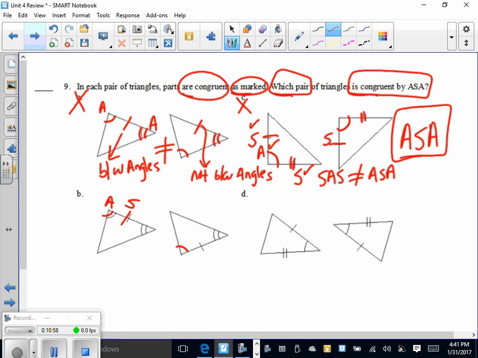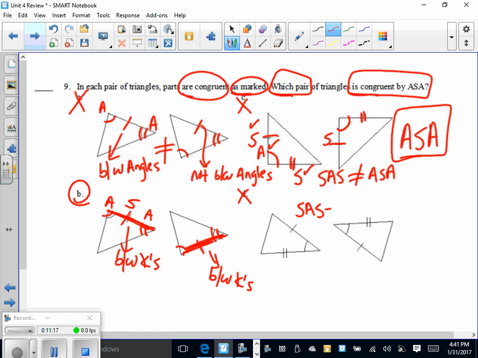This side matches up with this side. This angle matches up with this angle. My side is between my two angles. B is the correct answer. D is not the correct answer because, again, it was side, angle, side, which is not equal to angle, side, angle. So the correct answer for number 9 is B.